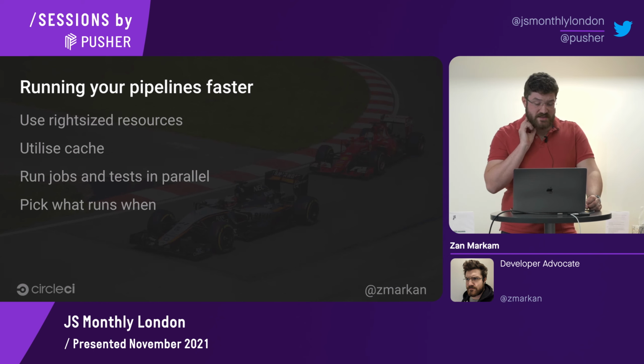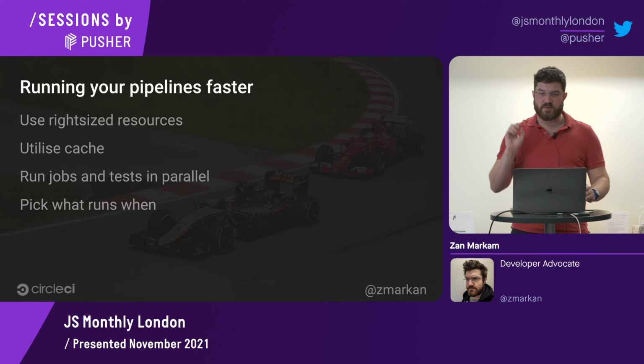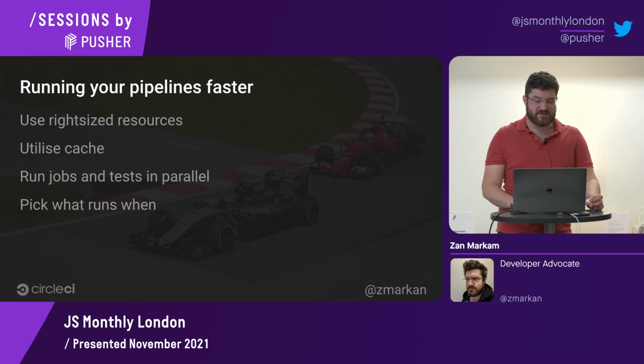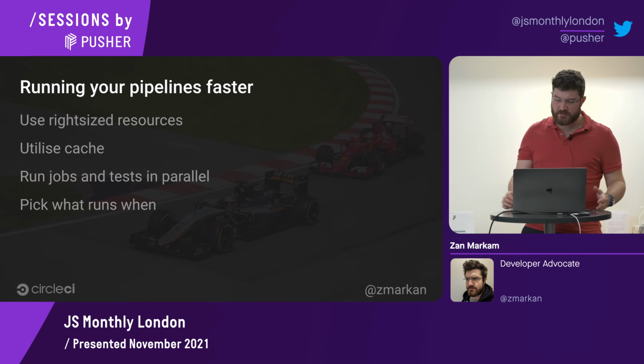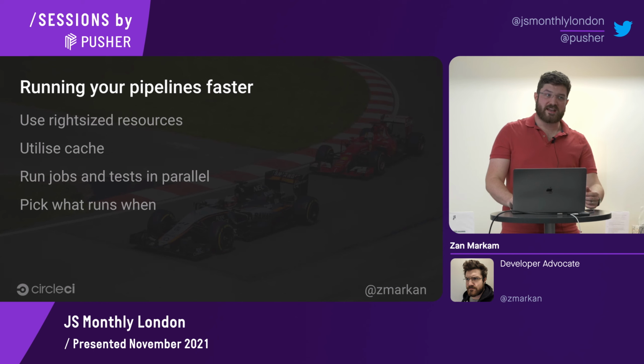The next one is running tests in parallel. If you've got, for example, a long running test suite that runs functional tests that poke your screen or imaginary screen, testing every single kind of user flow of your application, that can take a while. That can take half an hour, it can take hours. And for that, you can actually think about splitting those tests across further parallel jobs.